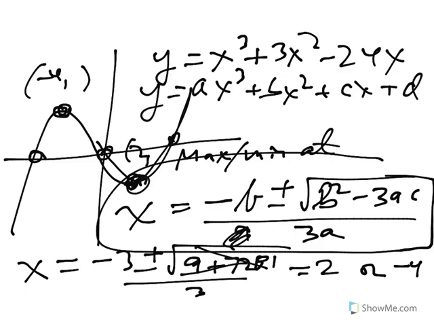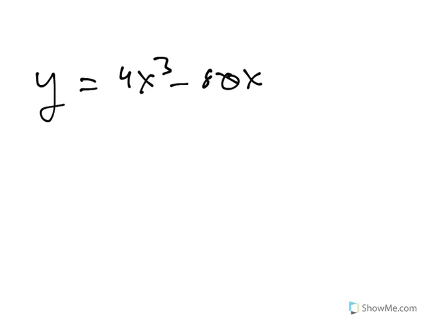So I could go back to this other question, the box question, and the volume, which I'm calling y, is 4x cubed minus 80x squared plus 400x.